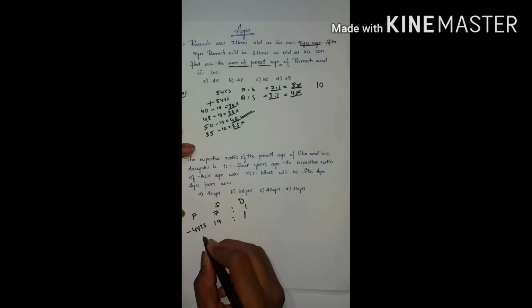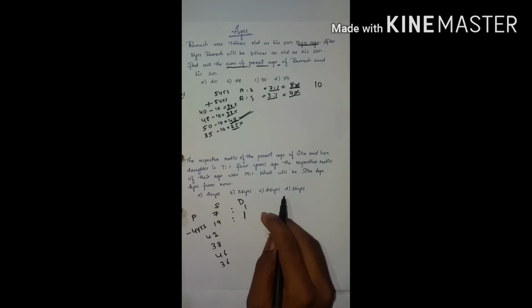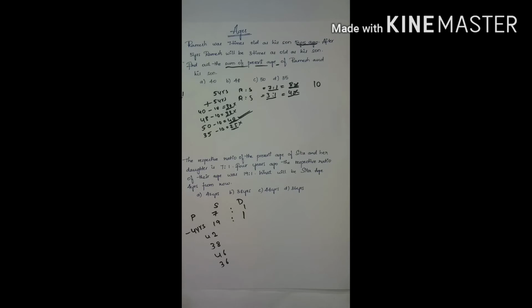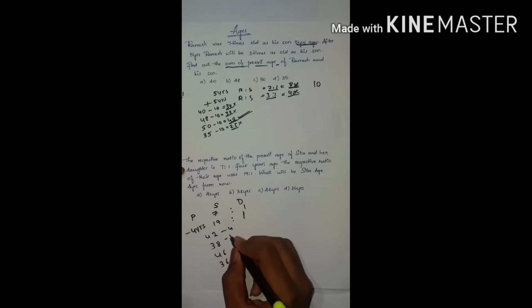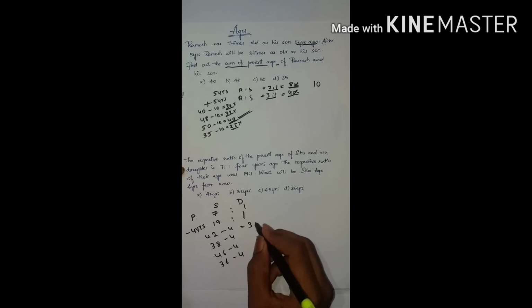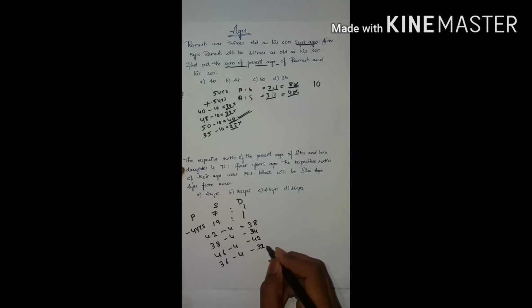So we will try to find it by option method. The options given are 42, 38, 46 and 36. So in order to find their present age from 4 years from now, subtract 4 years from each option. That means 42 minus 4, 38 minus 4, 46 minus 4, 36 minus 4. That means 38, 34, 42 and 32.